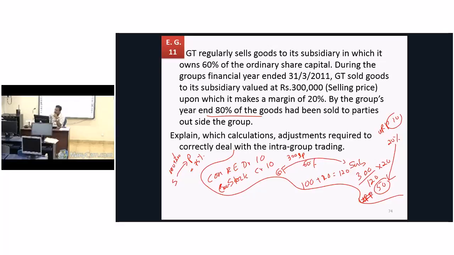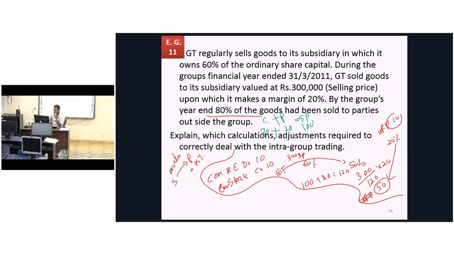Margin means on selling price. Cost plus profit equals selling price. So selling price will be 100, my margin will be 20, accordingly my cost will be 80. Out of this, 80% of these goods have been sold to third parties, outsiders.